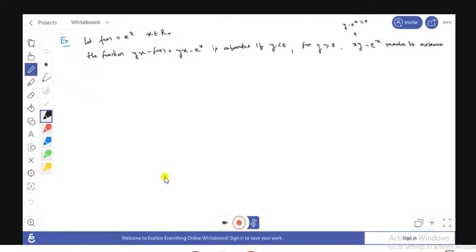So here, what is the value of y? y is equal to e to the power x. What is x? x is log y. Okay, this reaches the maximum when x equals log y.